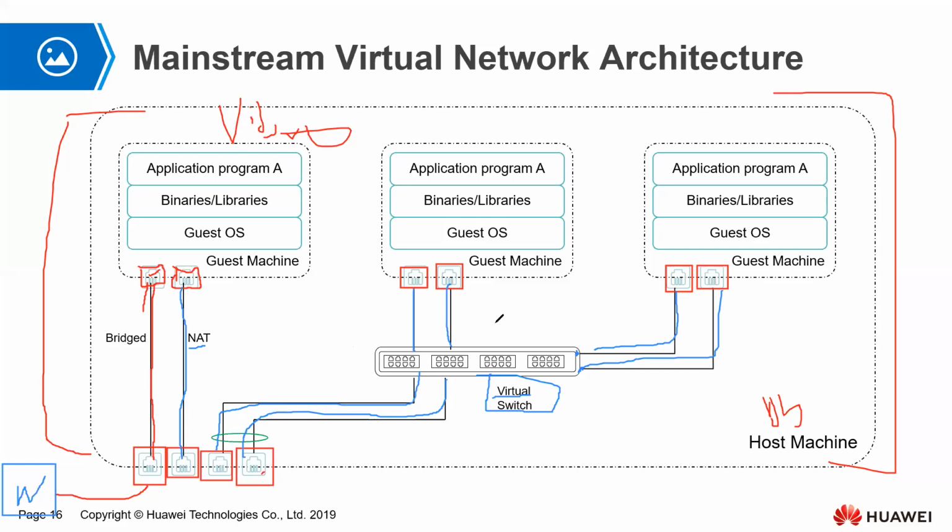In the previous slide, we said we can even use LACP to bundle these physical links together, all these ports together, so that we have increased bandwidth and also link reliability.